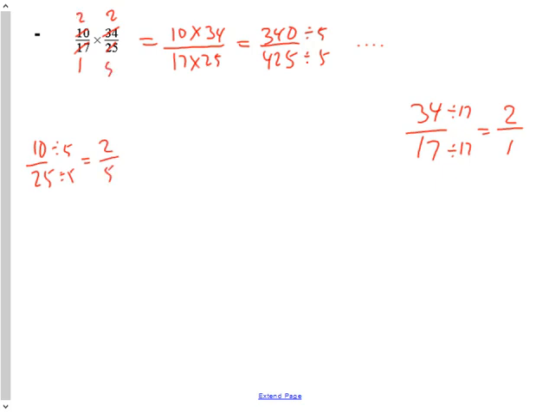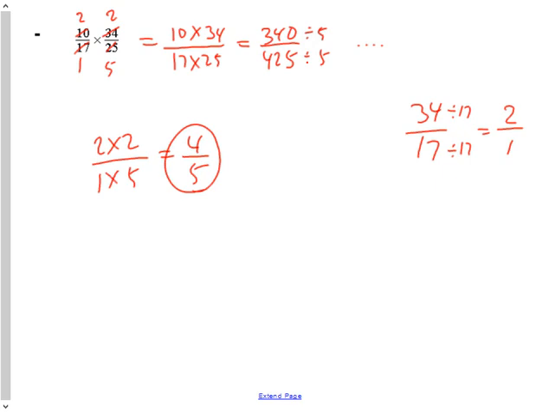And now, when I multiply it out, instead of multiplying 10 and 34 to get 340, and 17 and 25 to get 425, I'm actually going to multiply 2 by 2 and 1 by 5 to get your final answer of 4/5. This was a tricky one for a lot of people. You needed to know cross reduction, and the lowest term answer is 4/5.